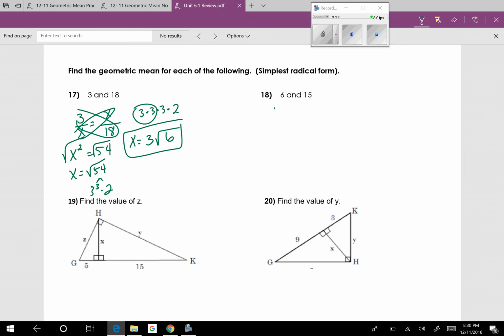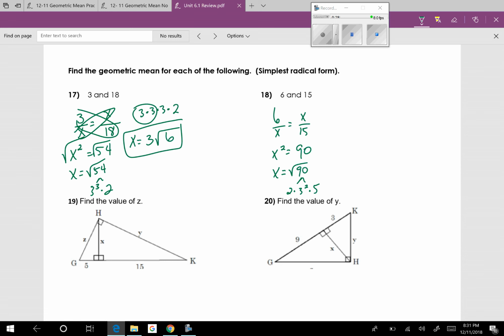6 and 15. So 6 over x is equal to x over 15. So we have x squared is equal to 90. So x is the square root of 90. So then if you did this one, you would have 2 times 3 squared times 5.